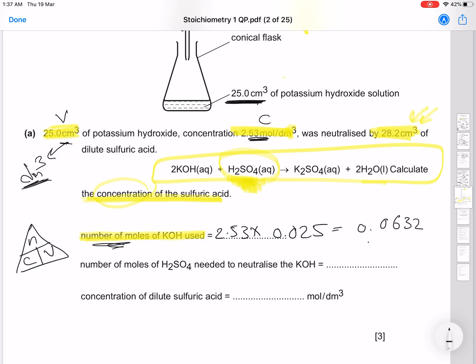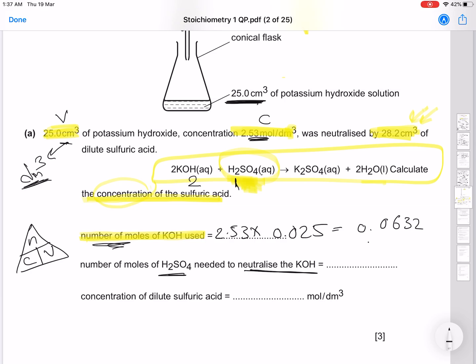I'm just gonna divide them by 2 to find the number of moles of sulfuric acid, because the ratio here is 2:1, as you see. So the number of moles of sulfuric acid needed to neutralize the KOH, I'm just gonna divide this by 2.